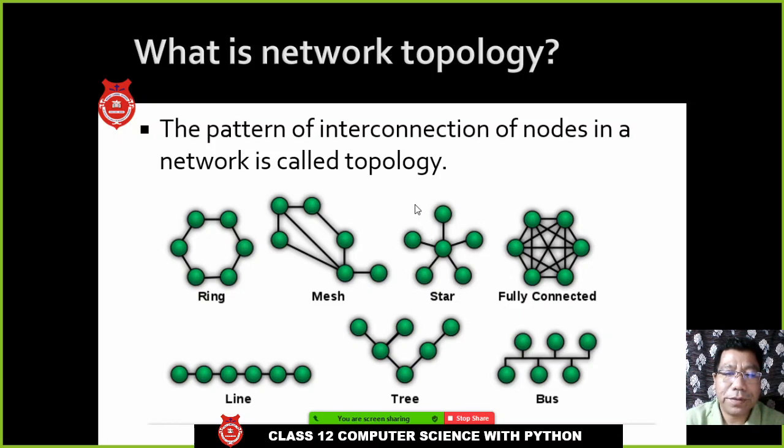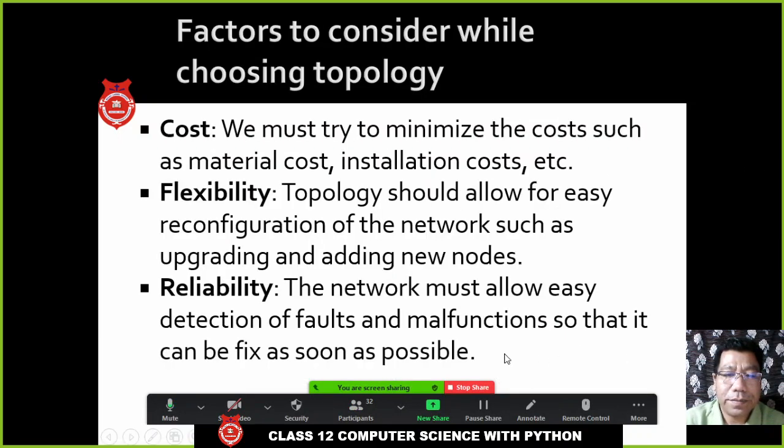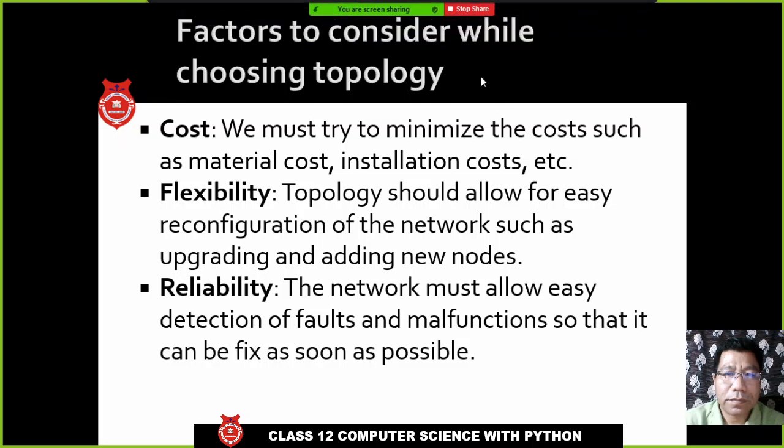Alright, now let's go to the next slide. When you are going to set up a computer network, you have to consider the following things in mind so that you can set up the network with minimum cost but the best possible topology.